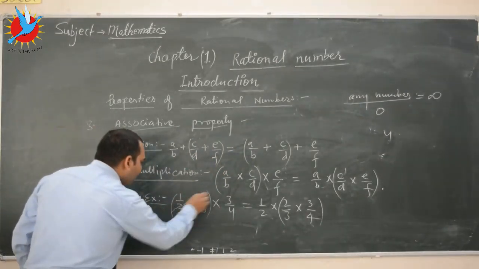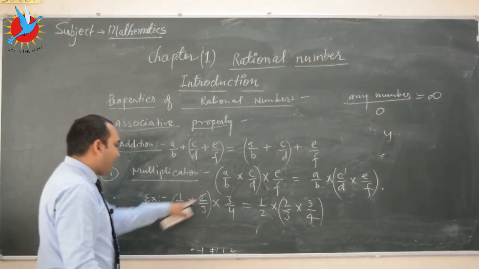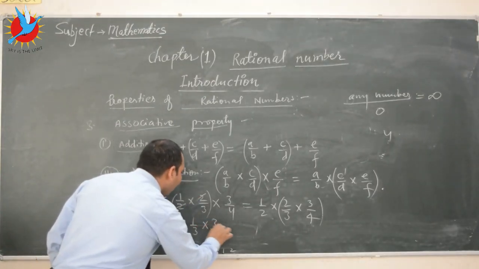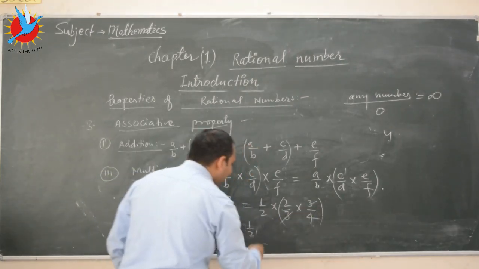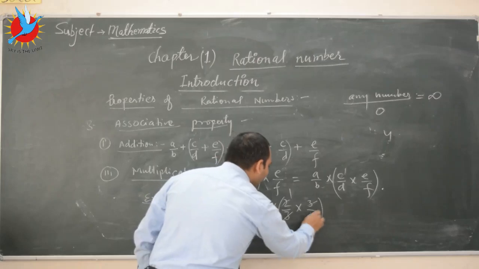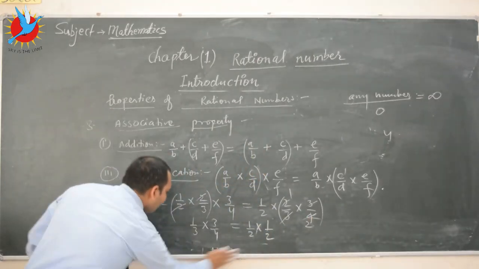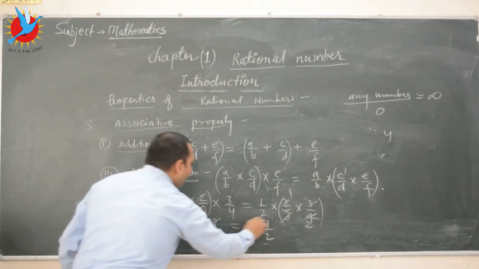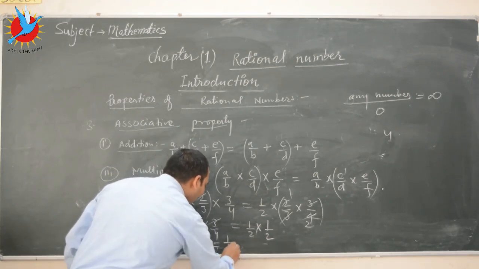So that is 1 2 is 2 and 3 2 is 6, or we can cancel the 2s here. So 1 upon 3 into 3 upon 4 is equal to 1 upon 2 into 1 upon 2... here the 3s cancel, 1 upon 4, which is numerator multiplied by numerator and denominator multiplied by denominator.